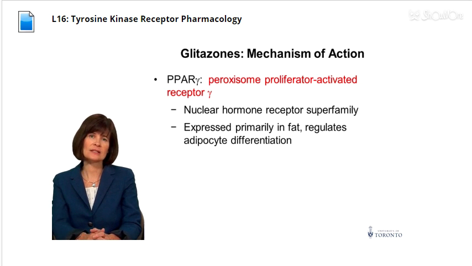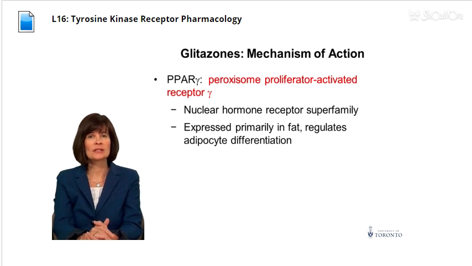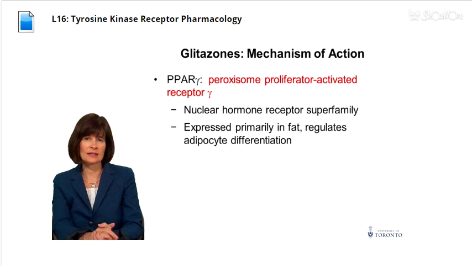The glitazones act to stimulate a transcription factor known as PPAR gamma, which stands for peroxisome proliferator activated receptor gamma. This is a transcription factor, and it's key protein in the differentiation of adipocytes, which are white fat cells of the body.